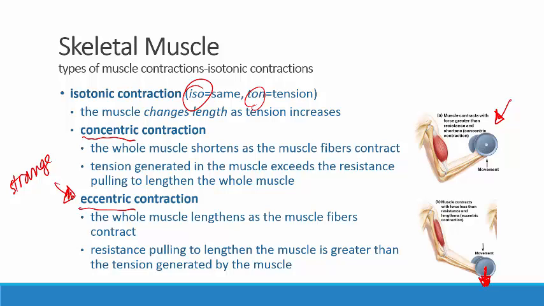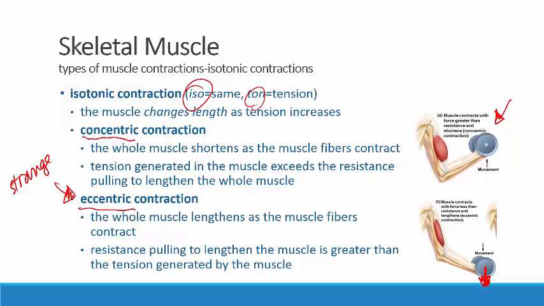Let's say you're lifting a barbell and it's a heavy one, and you lift it, you do a concentric contraction, you flex your arm. Now you want to slowly place the barbell back down, not drop it, not be putting it down out of control.